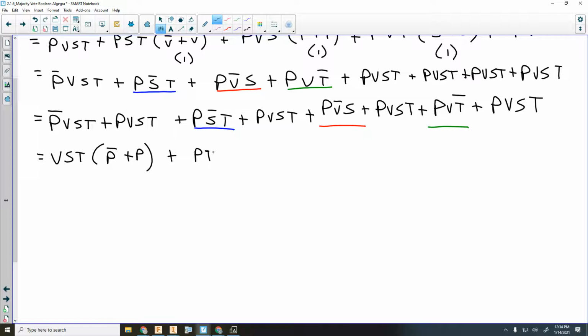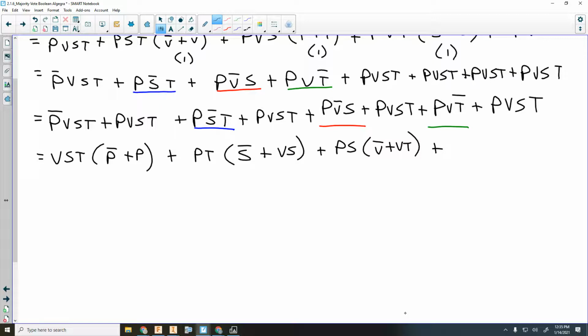PT, and that'll be ANDed with S naught or VS. Out of the third group, PS will be ANDed with V naught or VT.